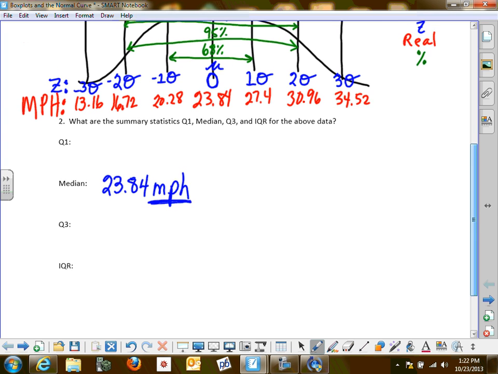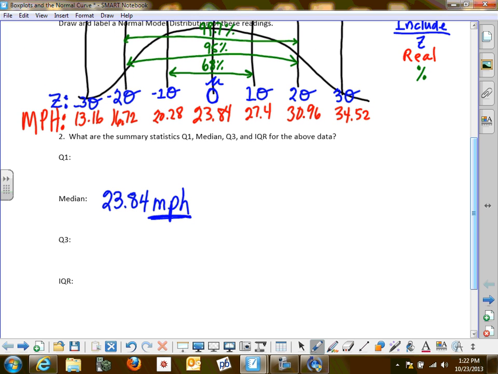All right, so let's find our Q1. I want to find out what miles per hour it is, at this Q1. So that's my question. How do you think I can figure that out? Good. Very good. So what we're going to do is connect the z-score that we know coordinates with Q1.